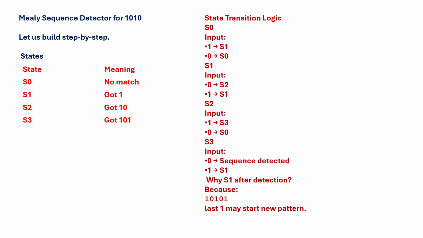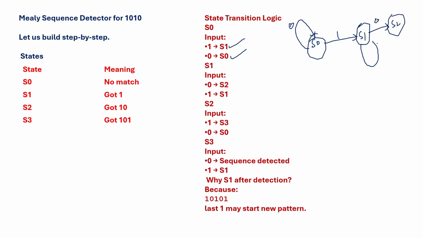You need to write the state diagram. In S0, if you give 1, it moves to state 1; if you give 0, it stays in the same state S0. In S1, if you give input 0, it goes to S2; if you give 1, it stays in the same state.